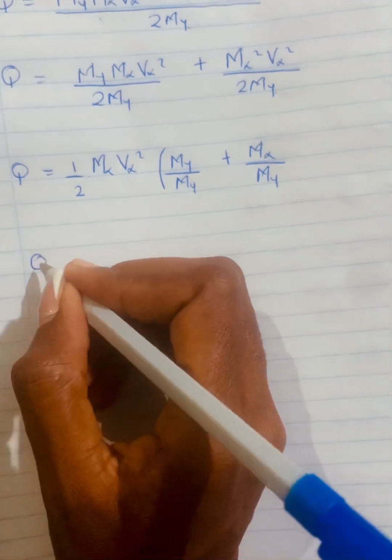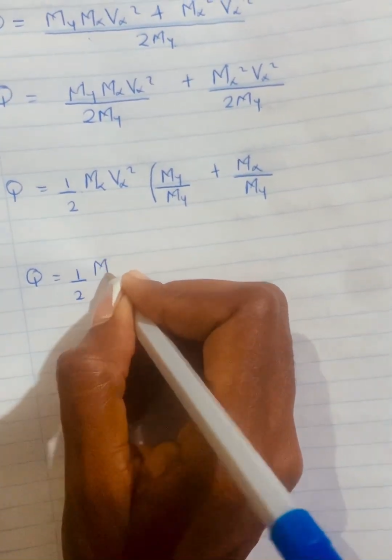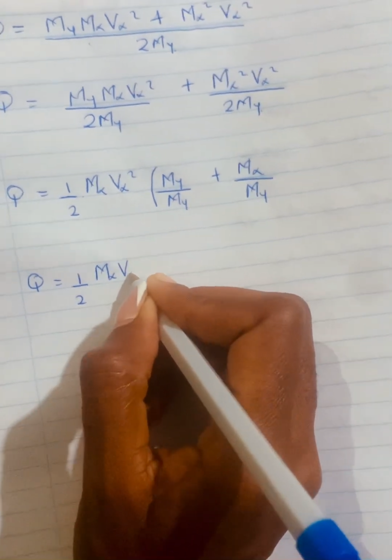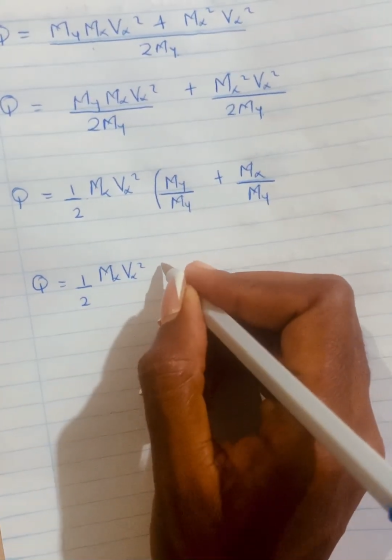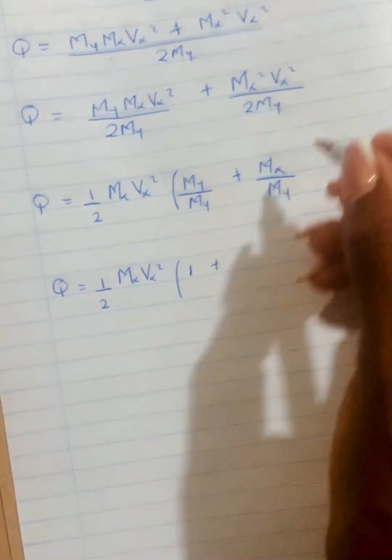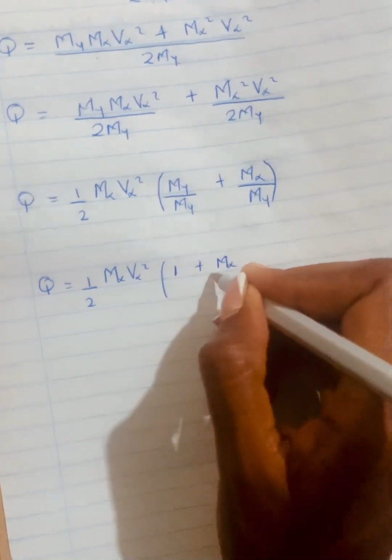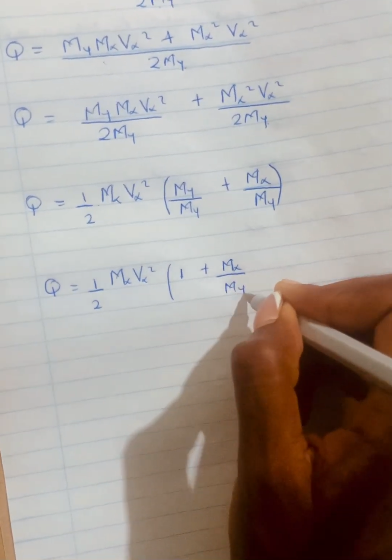So Q equals 1 over 2 m_alpha v_alpha squared, m_Y over m_Y becomes 1 plus m_alpha over m_Y.